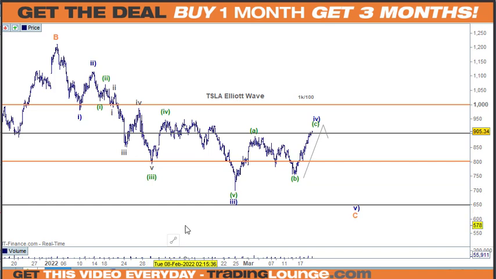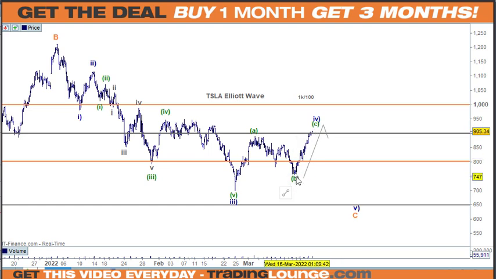We've also been looking at it in a bullish way, and I've also altered this count here, because I need to pull it in line with the rest of the market. If the rest of the market, like the S&P, is going to have that rally to the upside and then roll over, well then this market's going to do the same as well. So the same thing applies here as well.